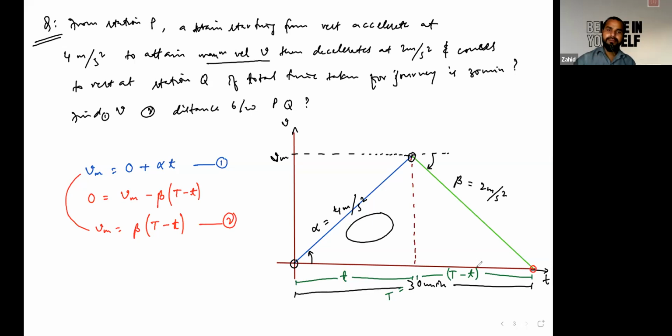Have you simplified, Hamza? Sir, doing it. Okay, just equation first and equation second, compare them and try to obtain the value of small t.